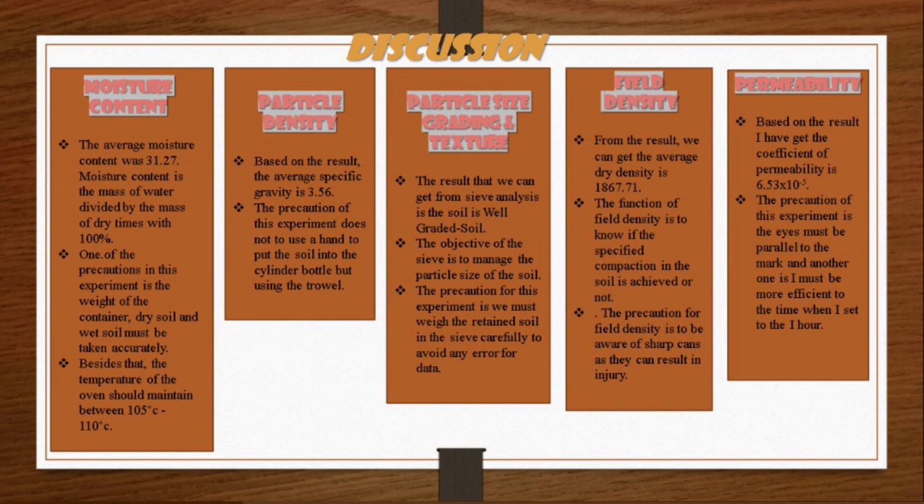For the last one, permeability. Based on the result, I got the coefficient of permeability as 9.53 times 10 to the power of -5. The precautions of the experiment are that the eyes must be parallel to the mark, and I must be more efficient with the time when I set it to 1 hour.